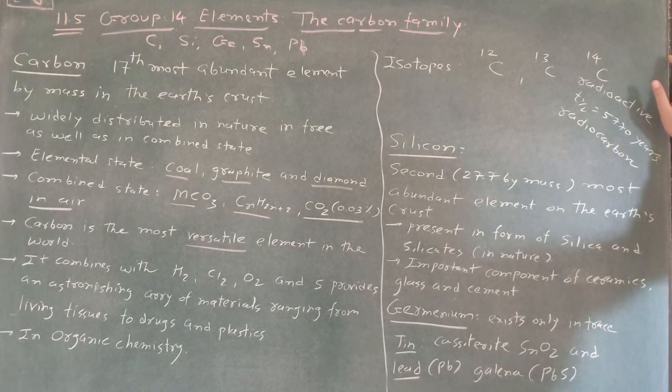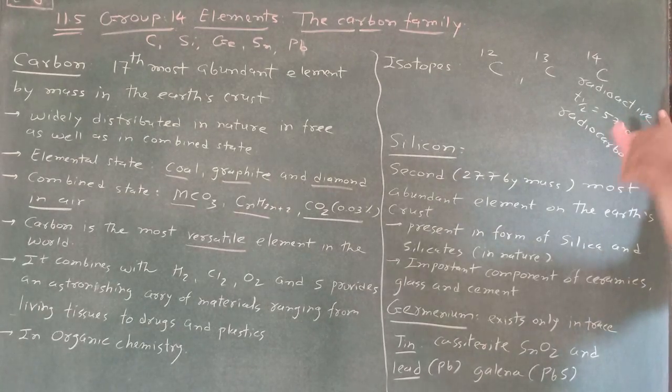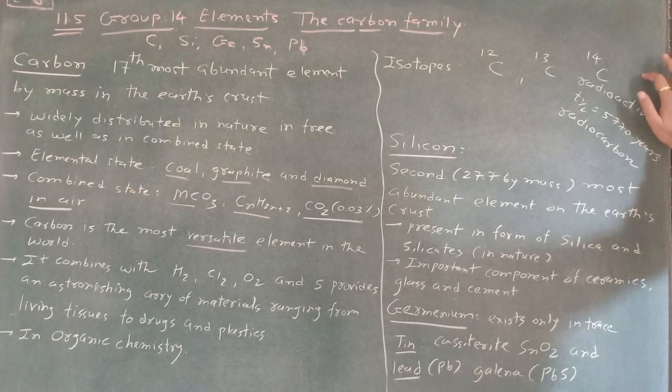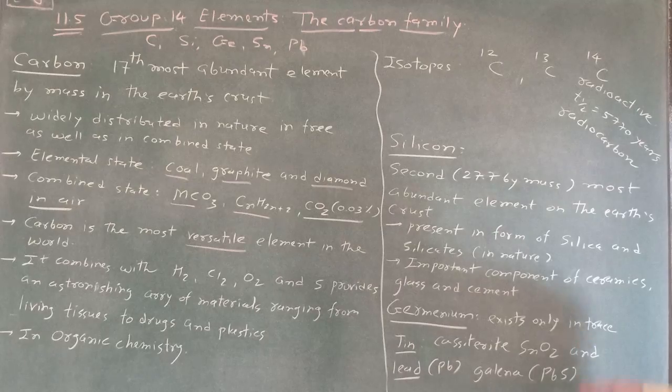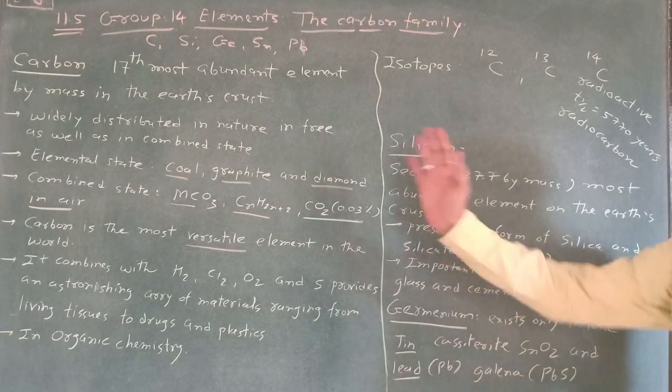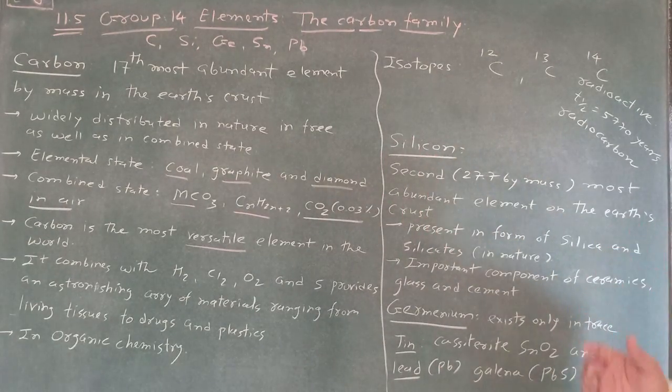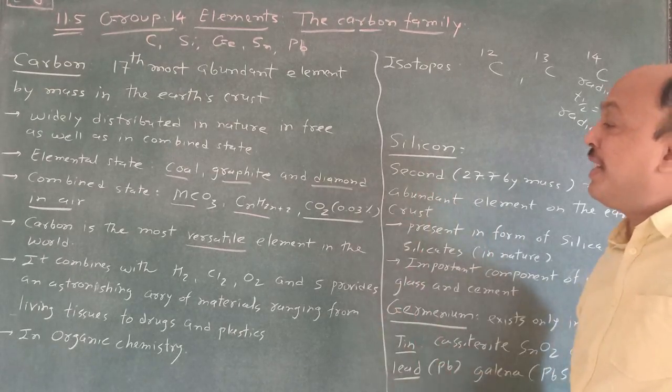Don't bother about it now. The age of that material is determined with the help of this radioactive carbon. So this carbon is very important. Just read all the topics regarding this carbon atom.